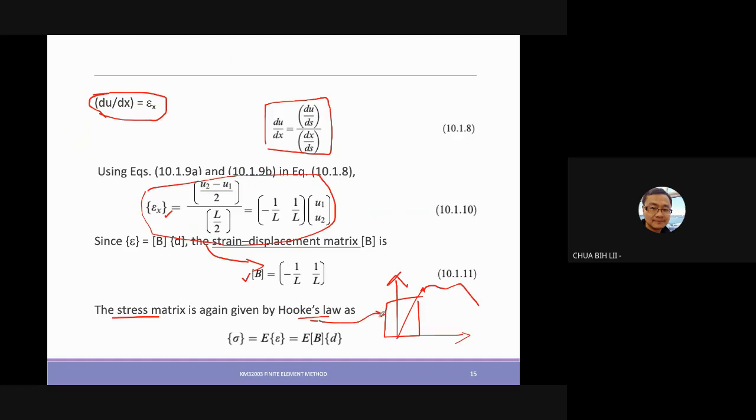Therefore, in most finite element software, when we do our simulation, we should understand that it is actually based on Hooke's law, and the validity of our analysis mainly focuses on this part.